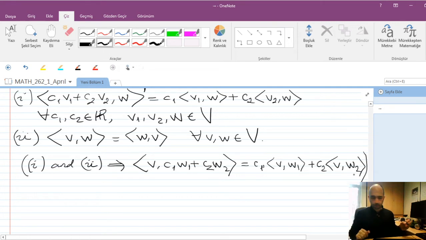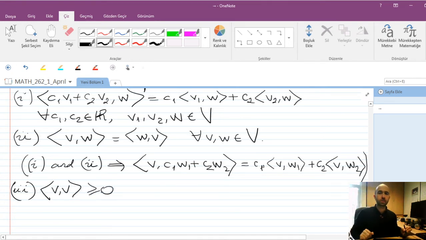Okay, now there is one more important condition, condition 3. A vector's inner product with itself is always greater than or equal to 0. Since the field is real numbers, this is meaningful.